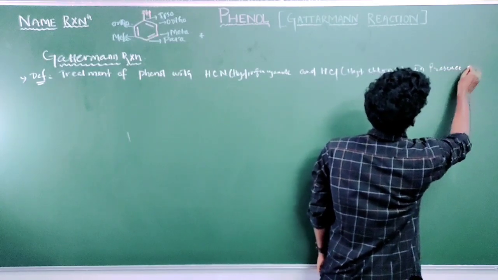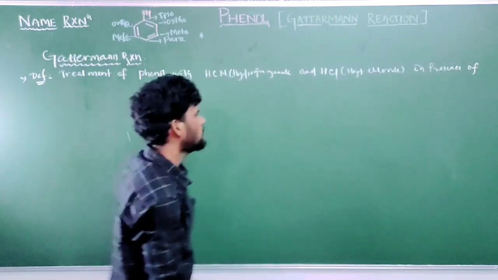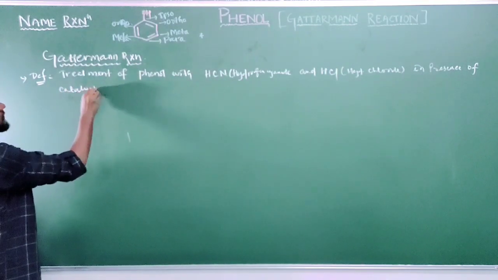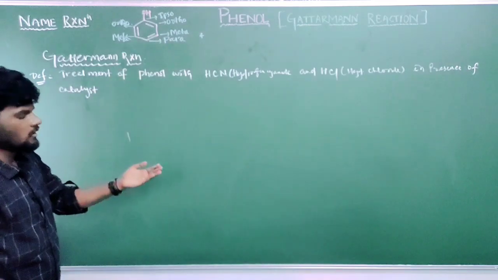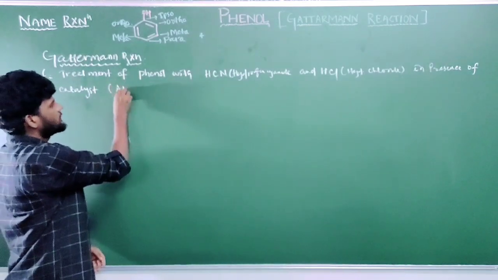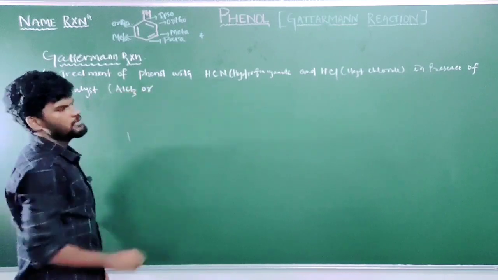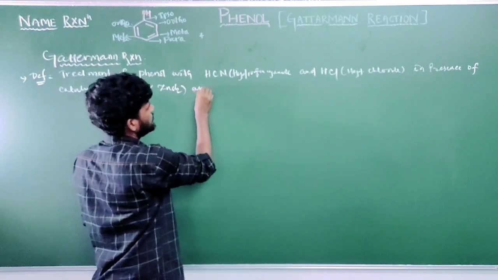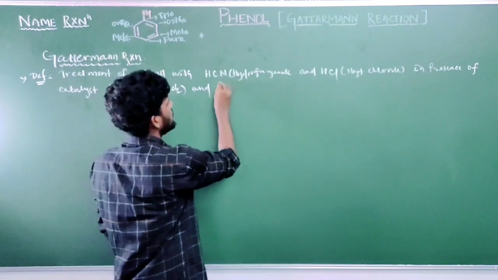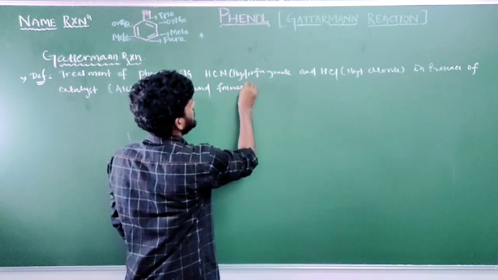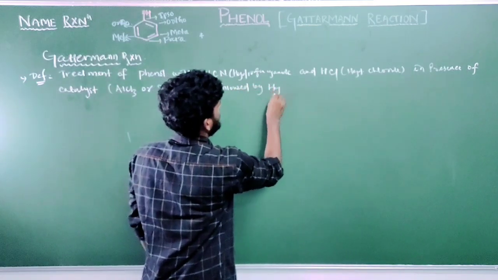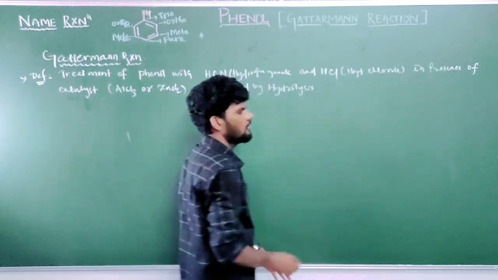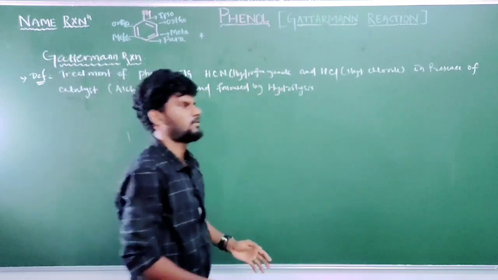Lewis acid or catalyst, right? In presence of catalyst. Which catalyst? You can use aluminum chloride AlCl3 or zinc chloride ZnCl2, and followed by hydrolysis, okay, followed by hydrolysis means addition of water to break the molecule.